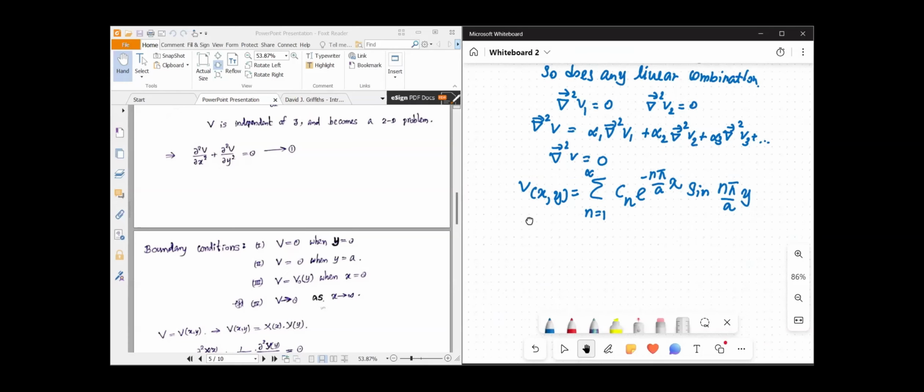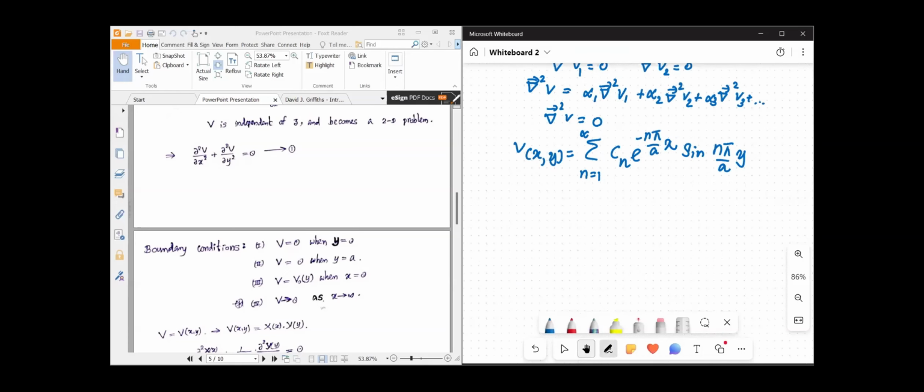For this general solution, I'm going to apply the third boundary condition. When x is equal to 0, the potential is V naught of y.